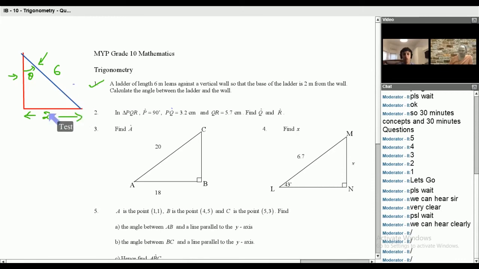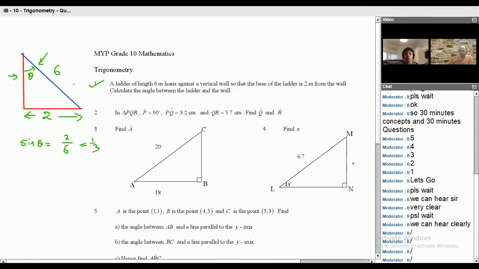So what about the blue one? It will be sine. Okay, the blue one is the hypotenuse, because you have opposite and hypotenuse. So sine theta is going to be 2 over 6. So what would be the value? 2 upon 6 will be 1 by 3. You rightly said sine theta is 1/3.